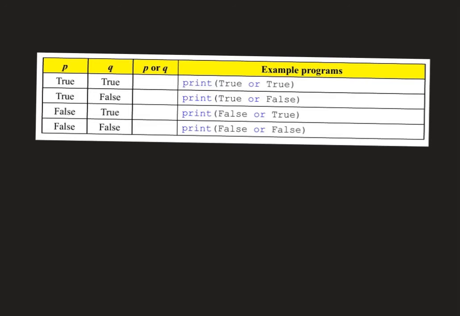Therefore, this one is of course true. And the second case, true or false, according to the definition, because one of the operands is true, the result will be true. The third one, true. And the last one, because both P and Q statements are false, the result will be false in this case.